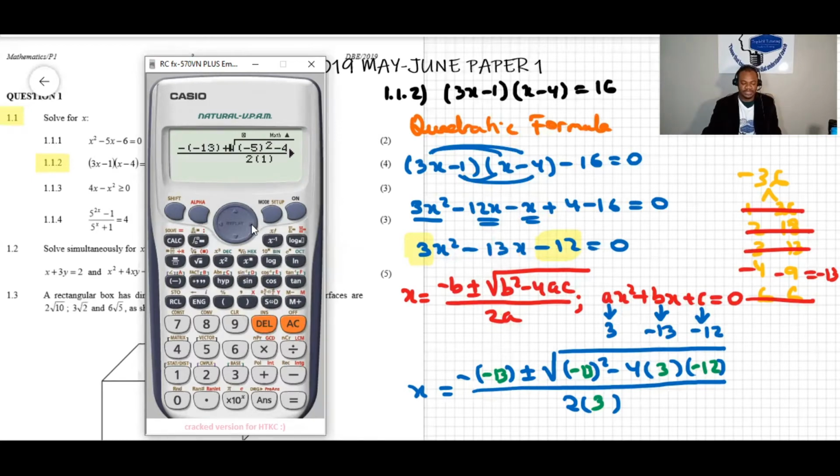So it's going to be plus the square root of b squared, so negative 13 squared, minus 4ac, a is equal to 3, and c is negative 12, and then over 2a, a is equal to 3. Now, if you press equal, we got something like what you see there.